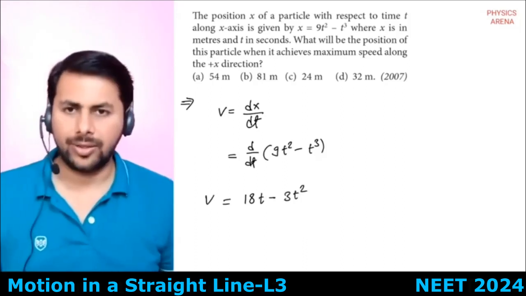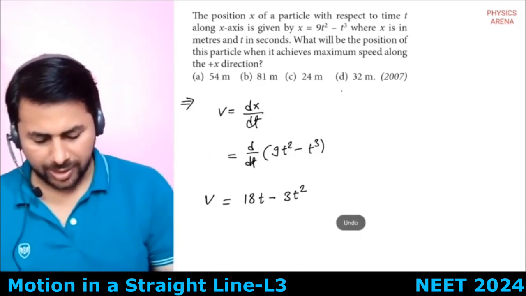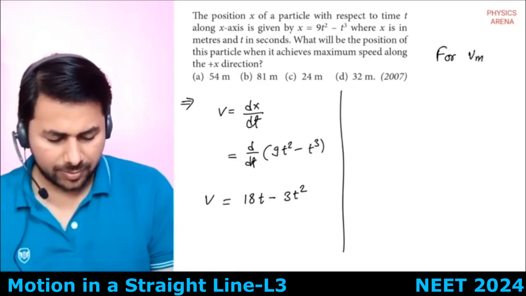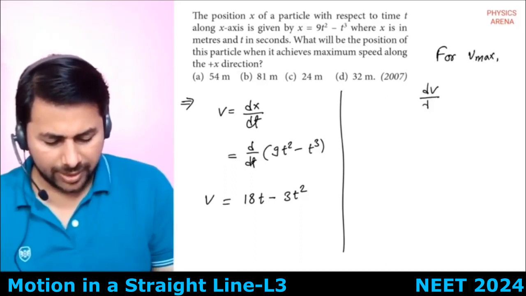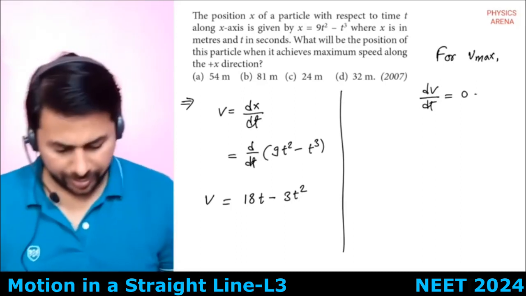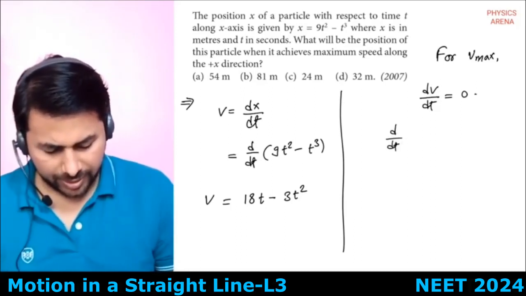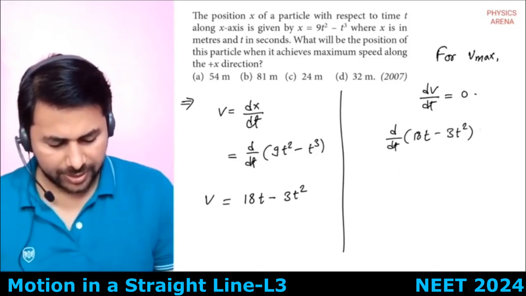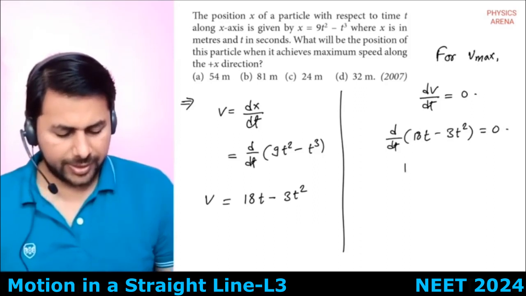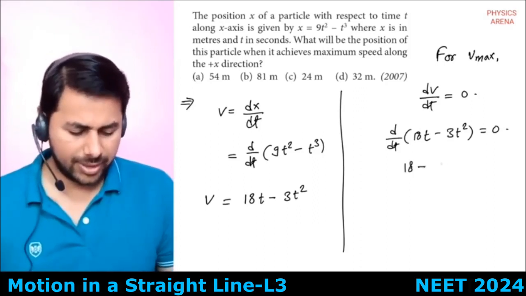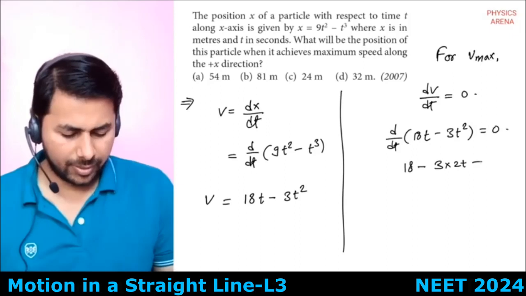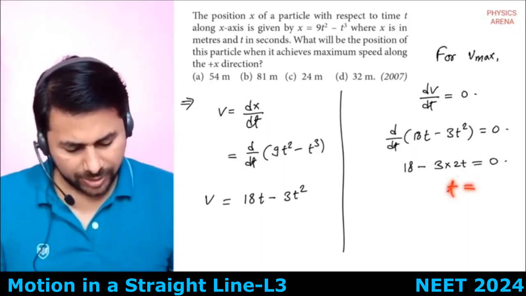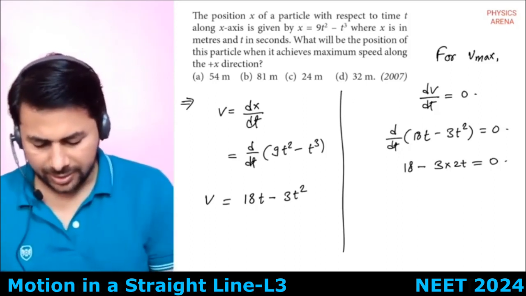This is v. We want maximum speed. For v max, dv by dt will be equal to 0. That is d by dt of 18t minus 3t square is equal to 0. That is 18 minus 3 times 2t is equal to 0, so 6t is equal to 18, that is t equals 3.